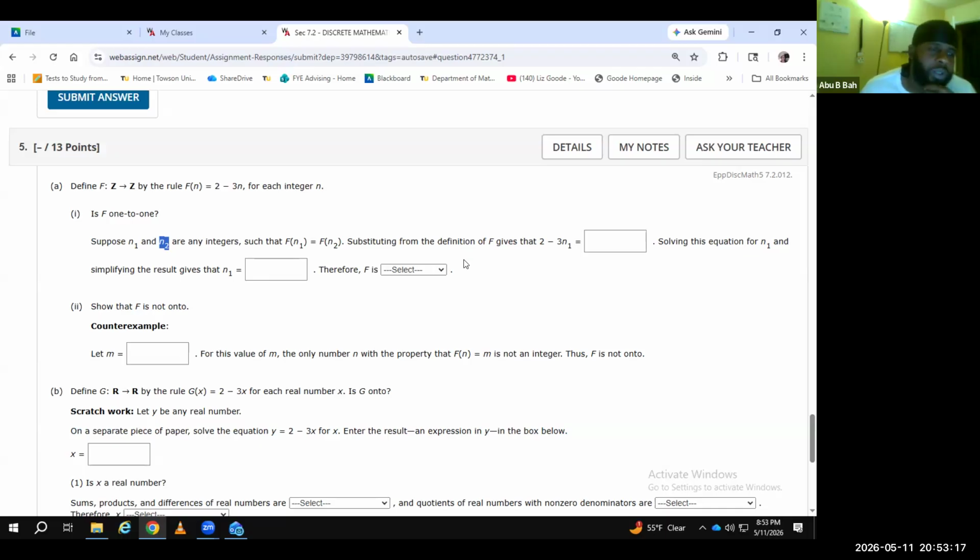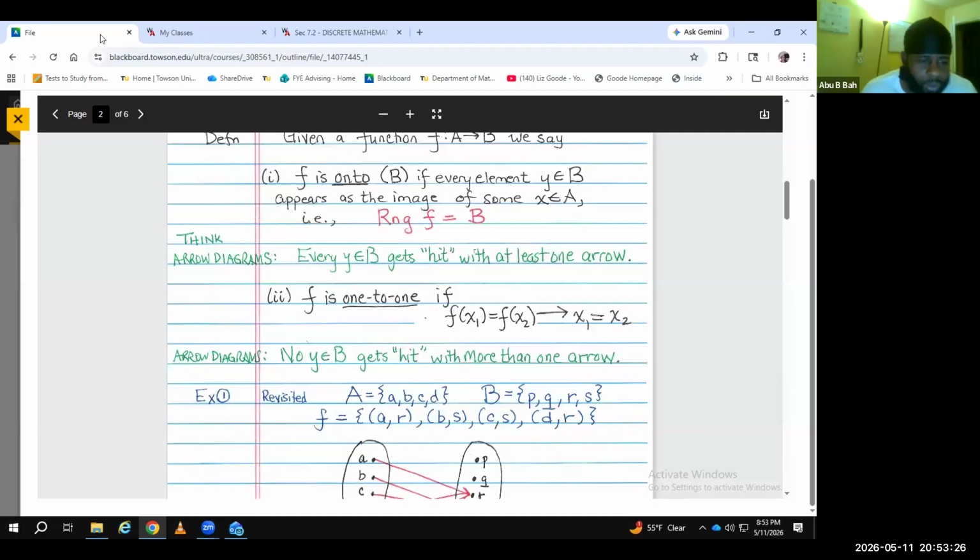So, Professor, on the definition you just had up, where you have f of x1 equals f of x2 implies x1 equals x2, would it be correct to say implies? Uh-huh. So this f of x, is that the codomain? F of x is the y value.